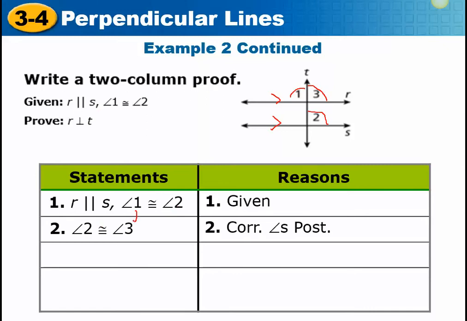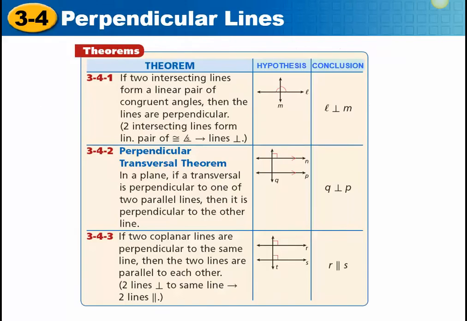It looks like maybe we could jump over the angle 2s and use the transitive property of congruence to say that angle 1 is congruent to angle 3. Well, if angle 1 is congruent to angle 3, I'm going back to the lines. If two intersecting lines form a linear pair of congruent angles, then the lines are perpendicular.